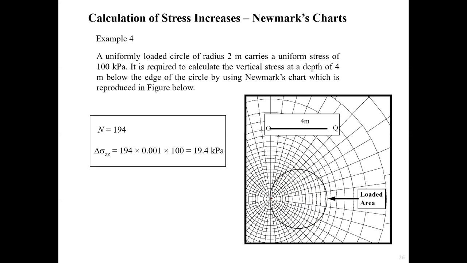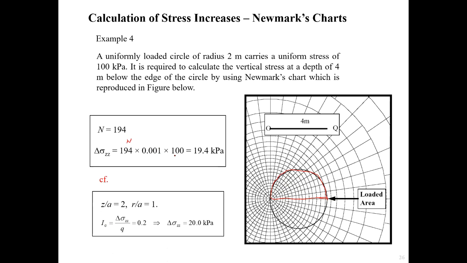Because it is symmetric, you are able to count only half of the circular area and then times 2, which should give you the same value. That saves you half of the time, and that's what people normally do. So N times the scale factor times Q gives the stress increase.